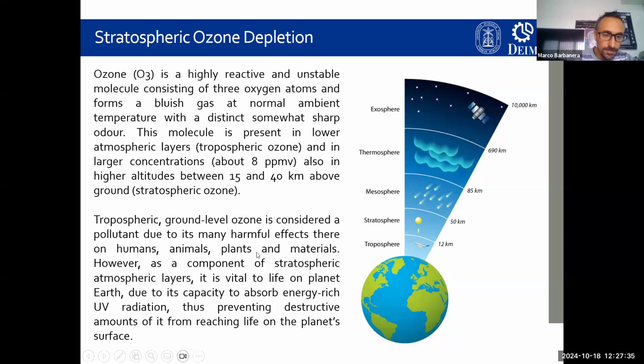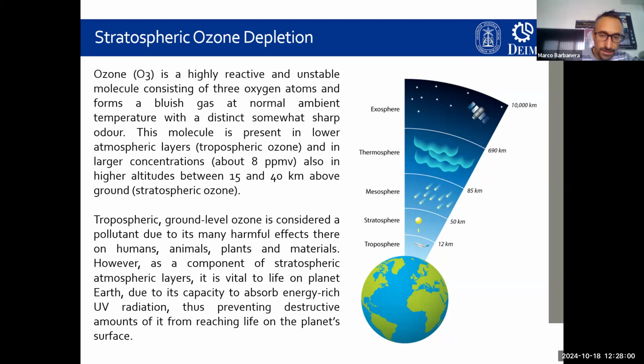If we have a large concentration of tropospheric ozone, the main problem is that this ozone can have harmful effects on humans, animals, plants, and materials.